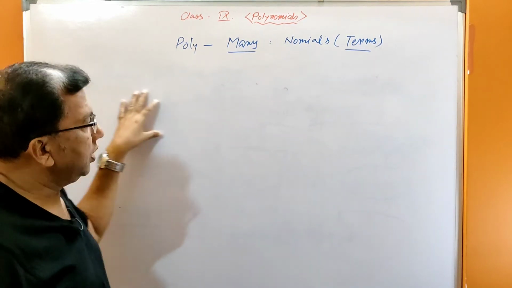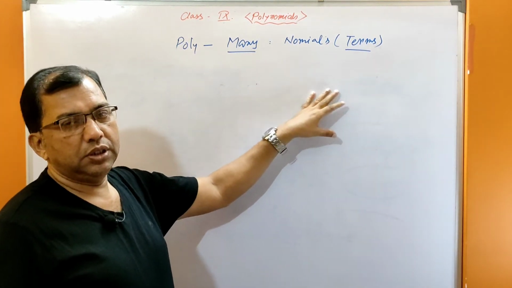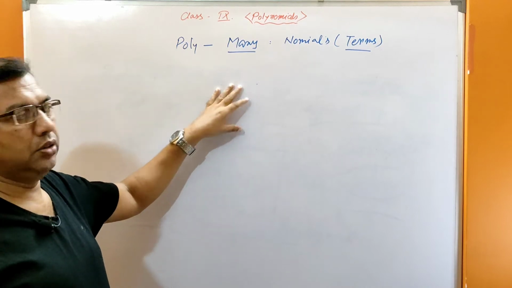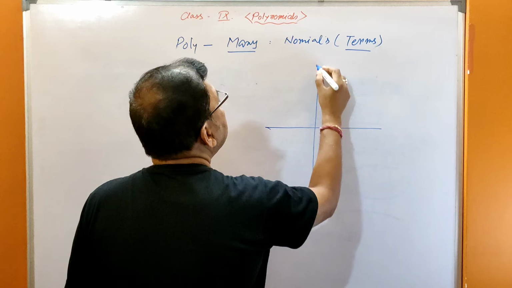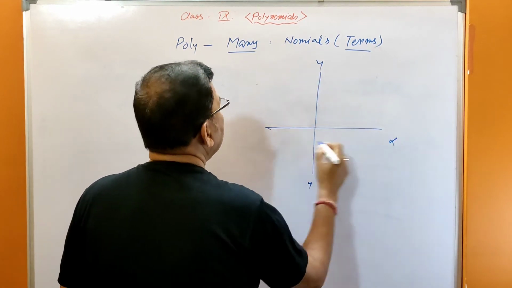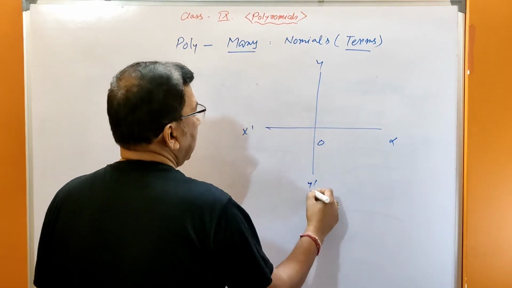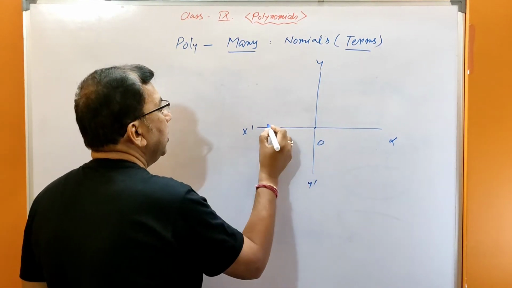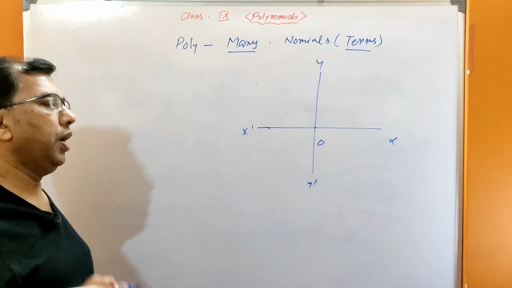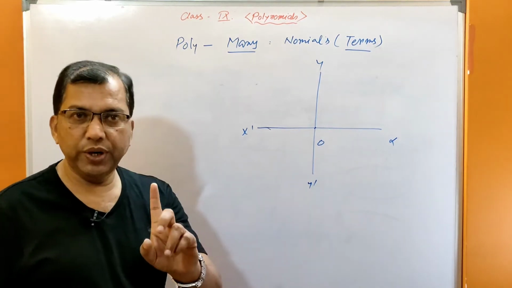In the case of linear polynomials, how do we represent them graphically? This is the x-axis, this is the y-axis, this is the origin. In the case of linear polynomials, how many zeros? Maximum 1.